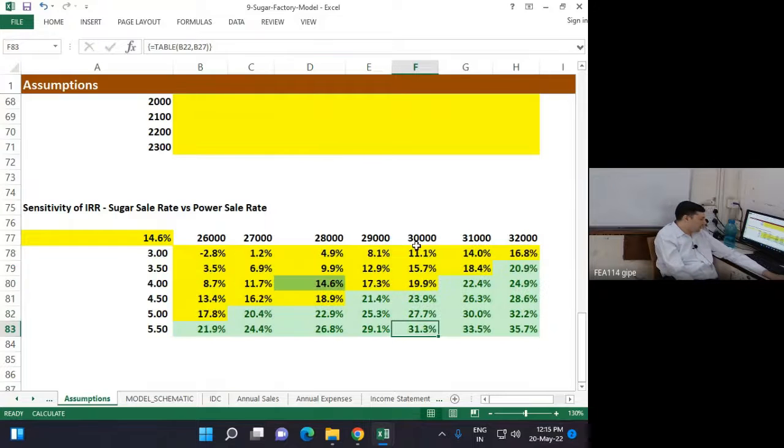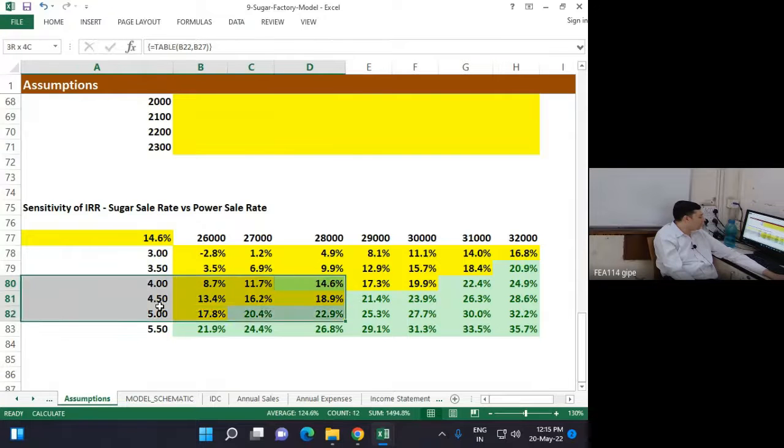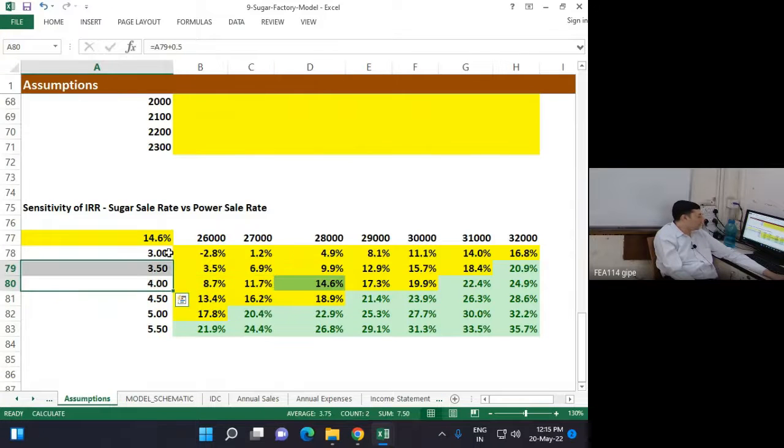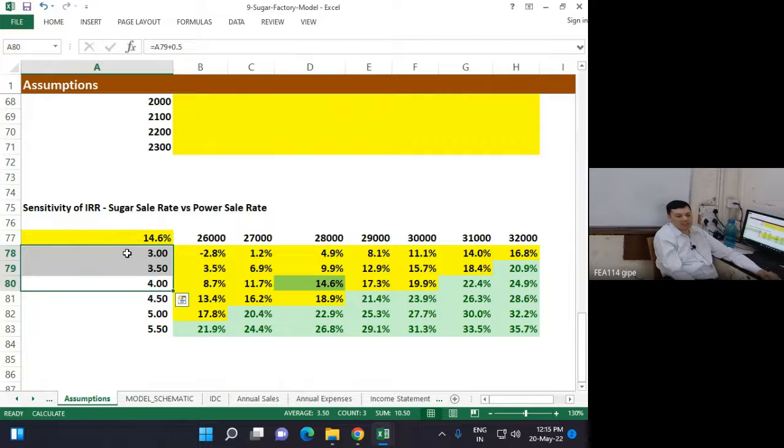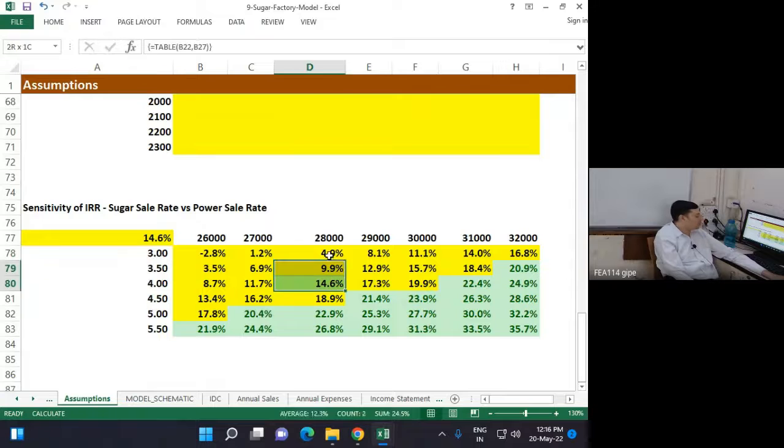But on the face of it, you can see that in case there is any drop in power rate, the IRR significantly gets eroded. And this is precisely what is happening currently in the market. Because of the advent of cheaper solar panels, power sale rate has gone down to 3 or lesser. As a result, feasibility of sugar factories now only on the basis of sugar price becomes much more difficult.